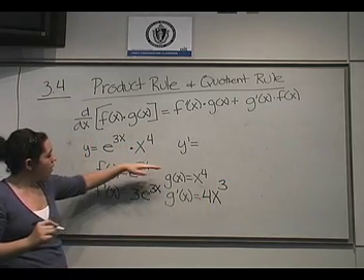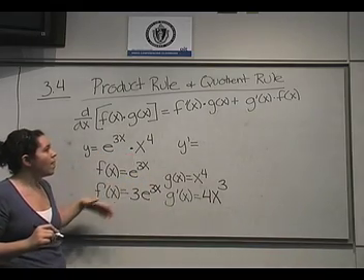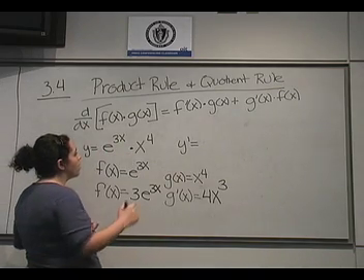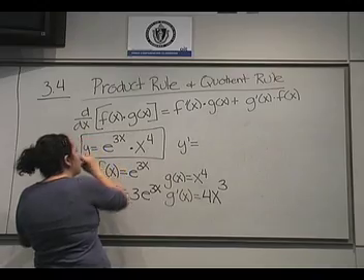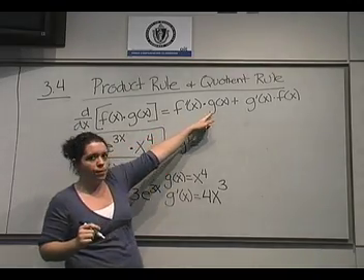Once you have these four pieces, okay, the first two we got right from the problem, we can then plug our answer into the product rule. The product rule says that the derivative of our function, our original problem here, will be f prime times g. This is the first piece.